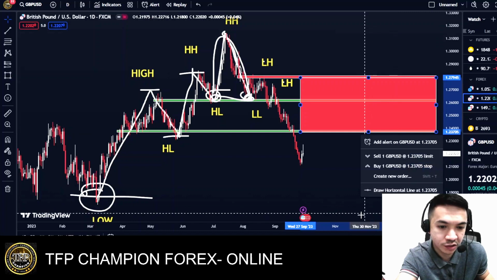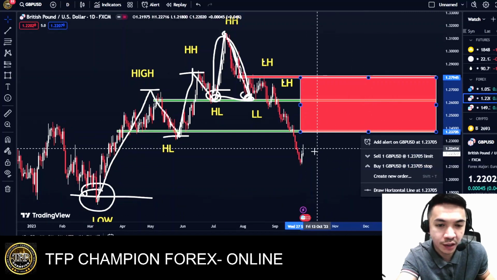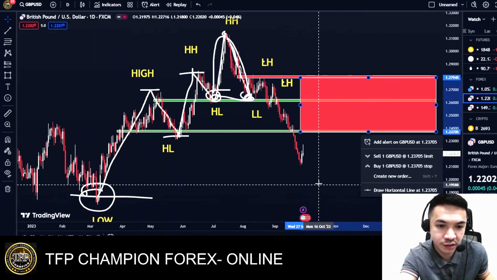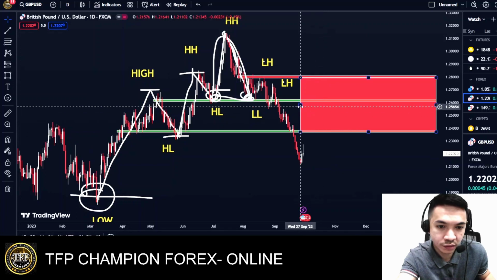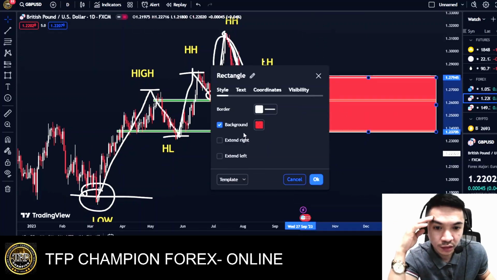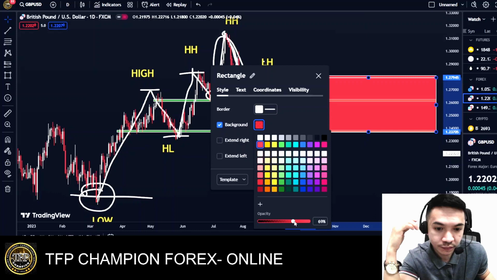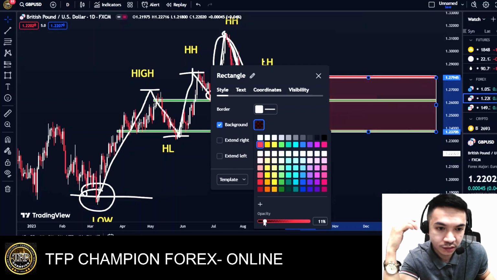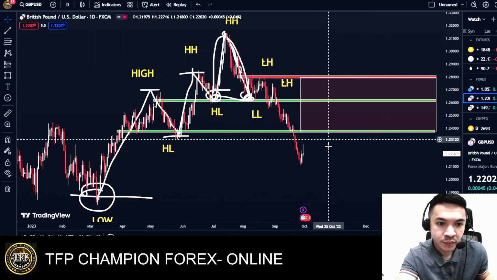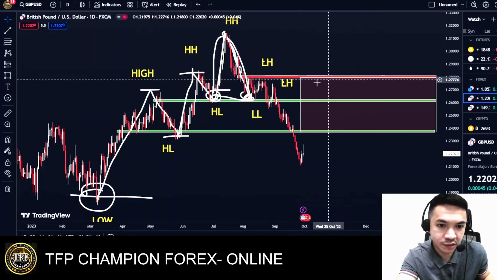This is all possibility of reaction kung saan pwedeng magkaroon ng lower high yung price. So, bagayin ko lang ito. Ayan. Opacity. Alright, so this is the area of interest para sa atin.